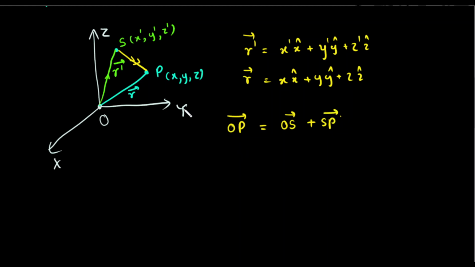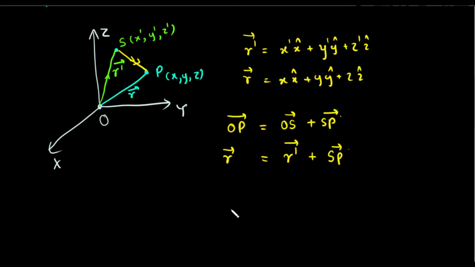OP represents the R vector, and OS is the r dash vector, and you need to find the SP vector, which is called the separation vector.